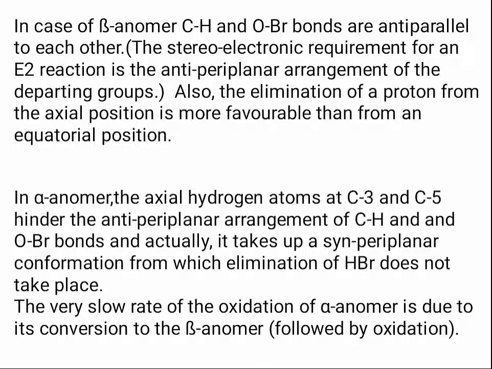In the alpha anomer, the axial hydrogen atoms at C3 and C5 hinder the anti-periplanar arrangement of C-H and O-Br bonds, and it actually takes up a syn-periplanar conformation, from which elimination of HBr does not take place. The very slow rate of oxidation of the alpha anomer is due to its conversion to the beta anomer, and then it follows the oxidation. So the alpha anomer first converts into the beta anomer and then it is oxidized.